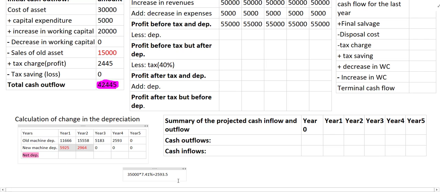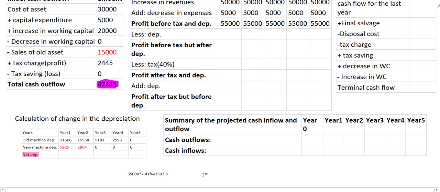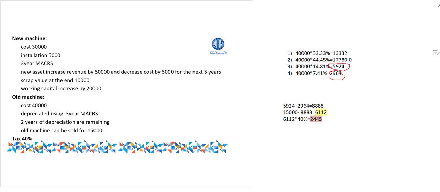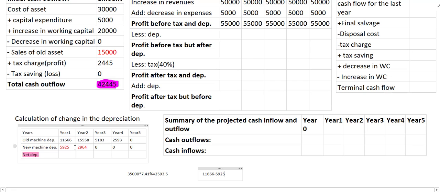So now let us take it with the red pen, right? That's good. Now let us adjust this one. 11,666 minus 5,925, right? Let me check once again whether the figure was correct or not. See, it is 5,924, not 5,925, right?